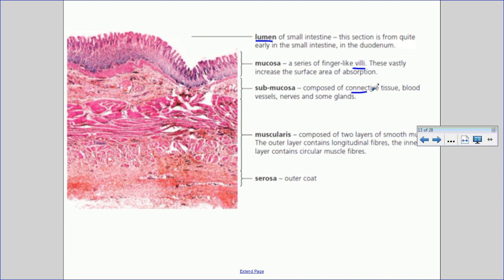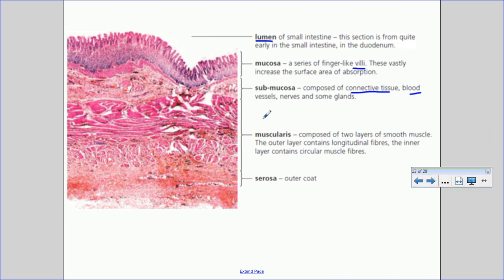This is going to be composed of connective tissue, blood vessels, and some glands. And then just below that we have the muscularis layer, where we can find our circular smooth muscle layer and our longitudinal smooth muscle layer. And then at the very bottom we have our serosa, which is basically like connective tissue, just kind of holding everything together.